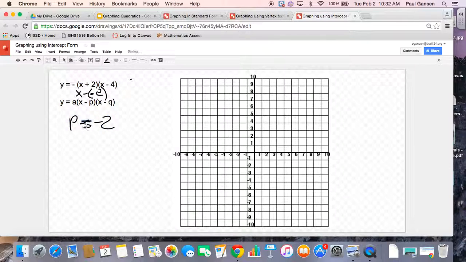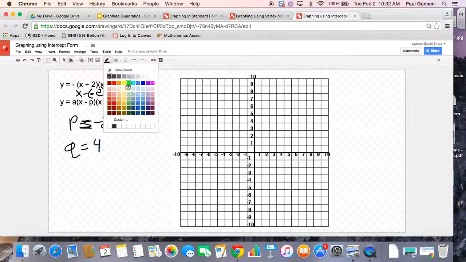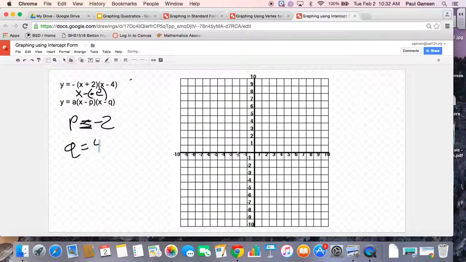And q, this one works out fine because it's x minus 4, so our q is 4. So we have points at negative 2, and then one also at 4. Okay, not bad, that's a good start.